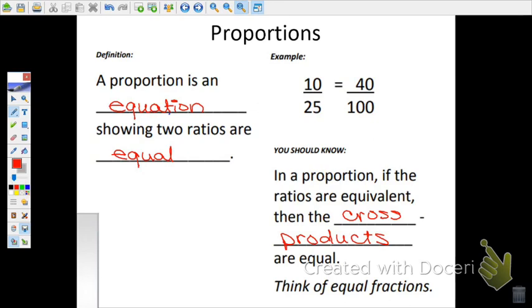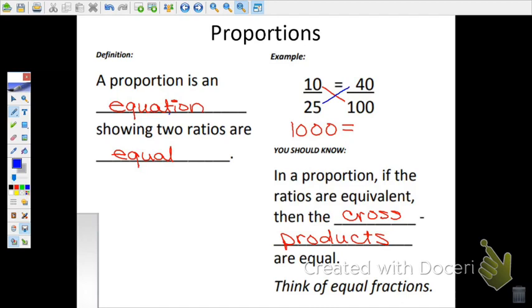When I cross multiply in one direction, I take 10 times 100. What do I get? 1,000 equals, I cross multiply in the other direction.